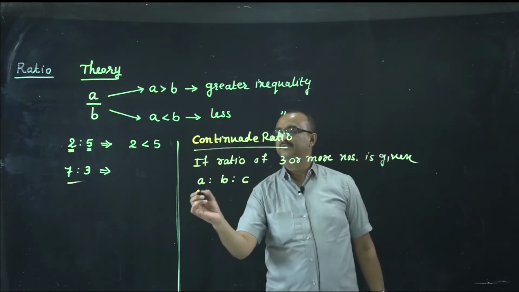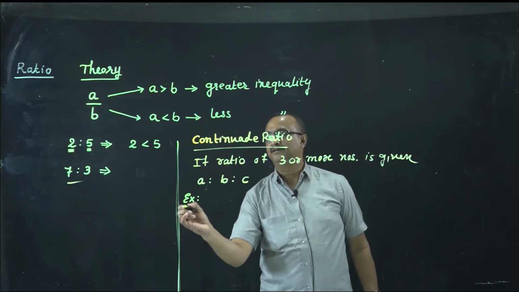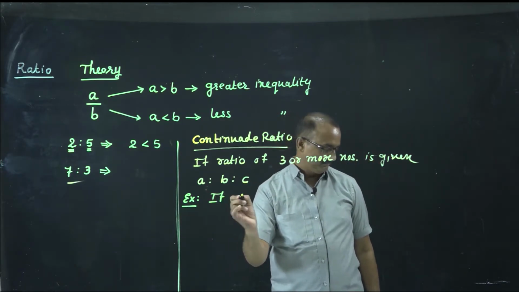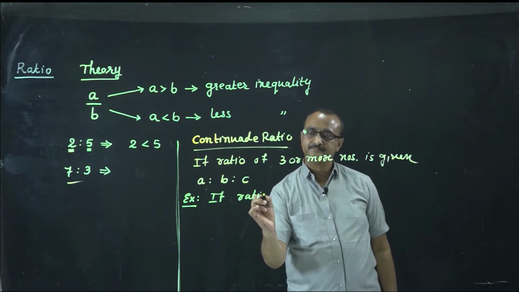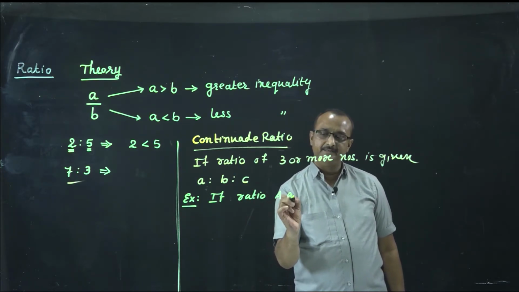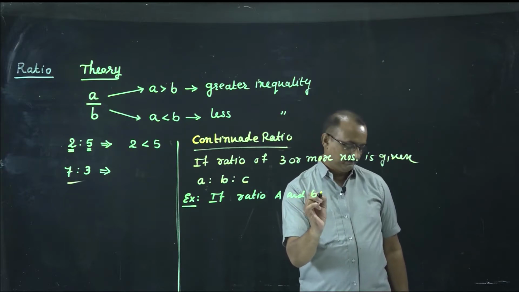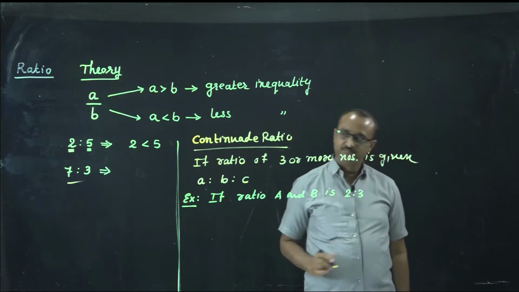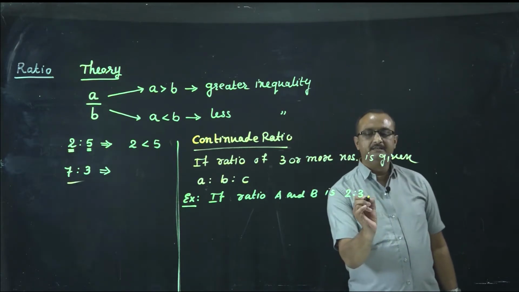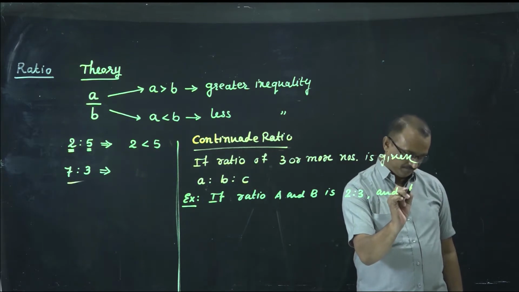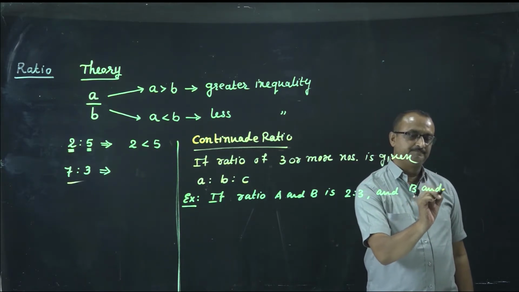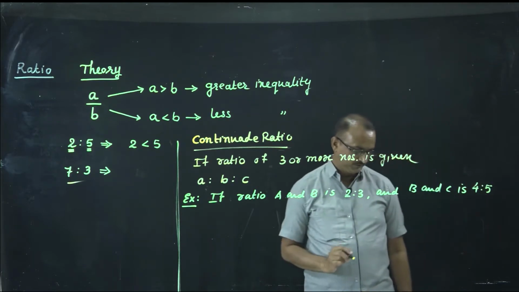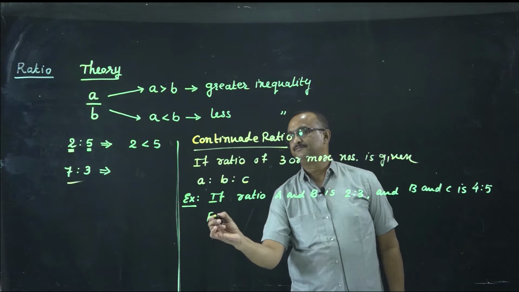See what our example is, and here we are taking one more shortcut. If the ratio of A and B is 2:3 and B and C is 4:5, find the ratio of A is to B is to C.